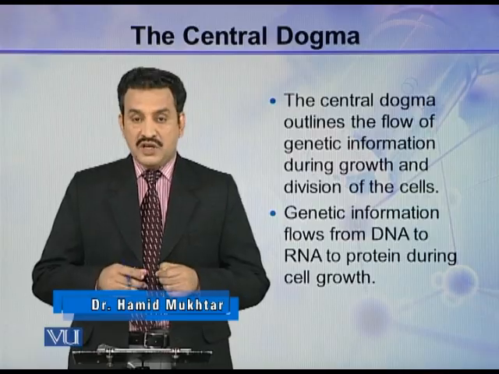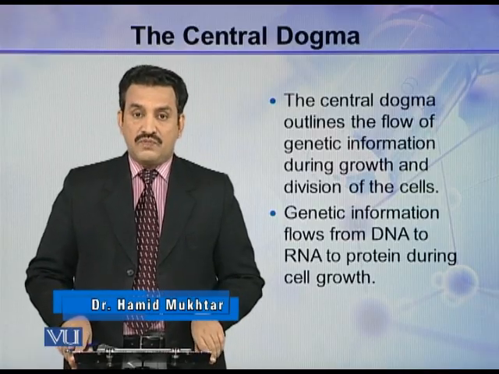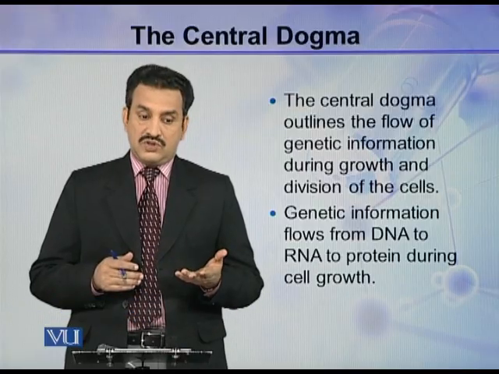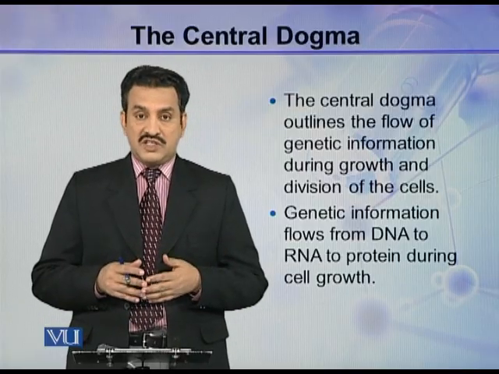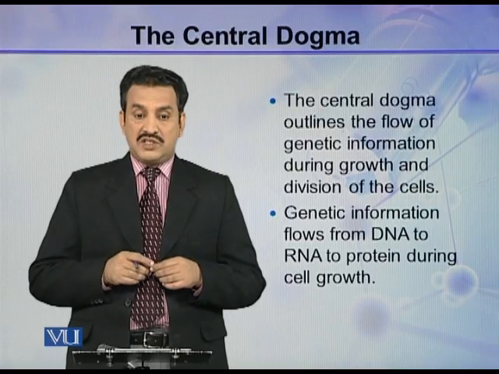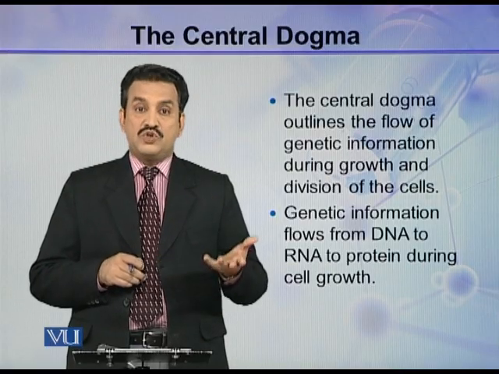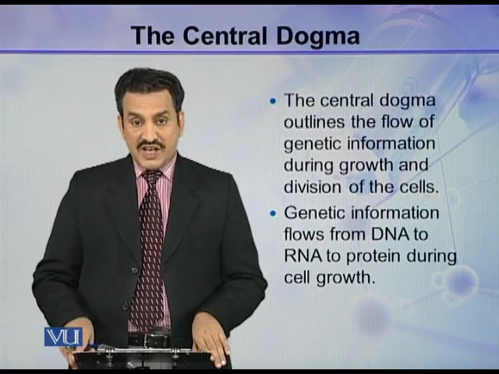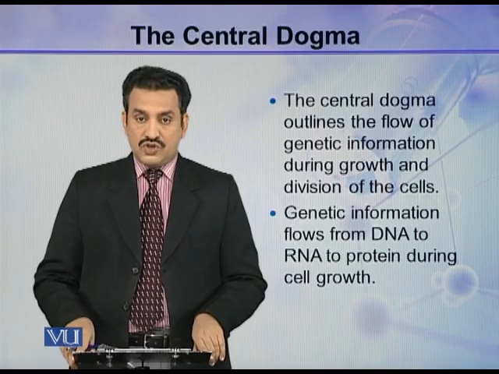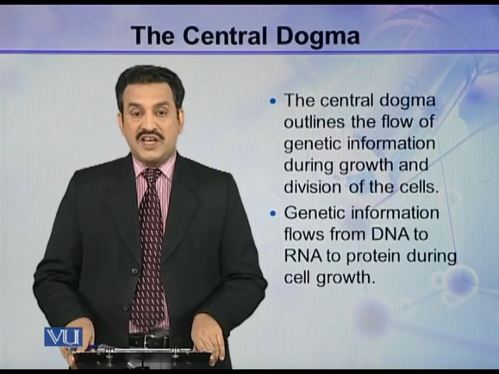And similarly, during the division of a cell, that means the formation of new cells, the question arises again: how is the information stored in the DNA copied to the new cell? Genetic information flows from DNA to RNA to proteins during cell growth.